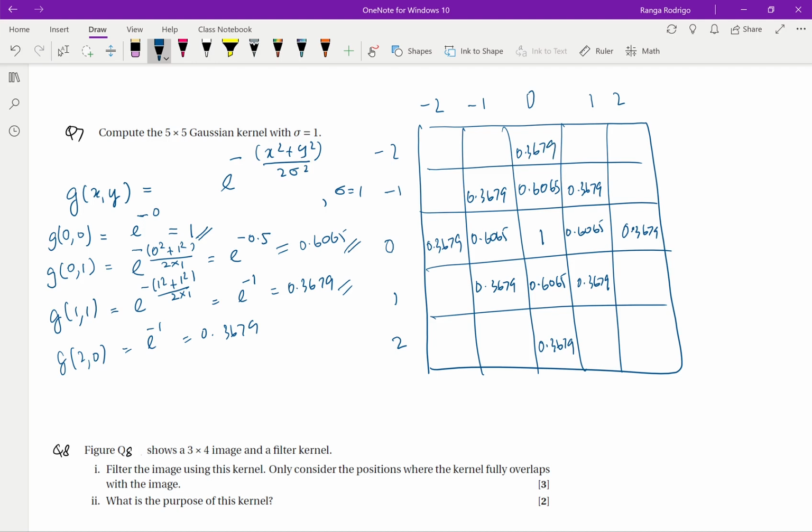Okay, now let's consider a location like this, 2 and 1. That is 5 divided by 2, e to the power of minus 2.5, 0.0821.